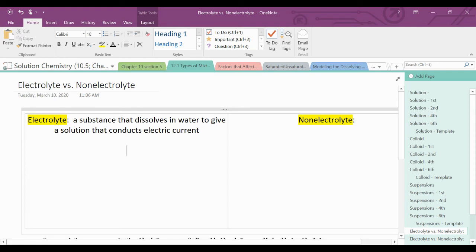Okay, so I feel like we've spent some time already looking at this during first semester. So we know that in order for us to be able to conduct electric current, you have to have some kind of charged particle that can move. So the best example of this is going to be an ionic compound.